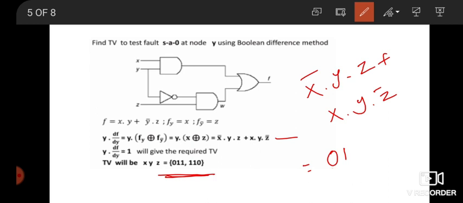Then the other term of our expression, x dot y dot z bar: x is directly 1, y is directly 1, and z is considered as a bar value, so it is written as 0. This is the output test vector when node y is affected by stuck-at-0.